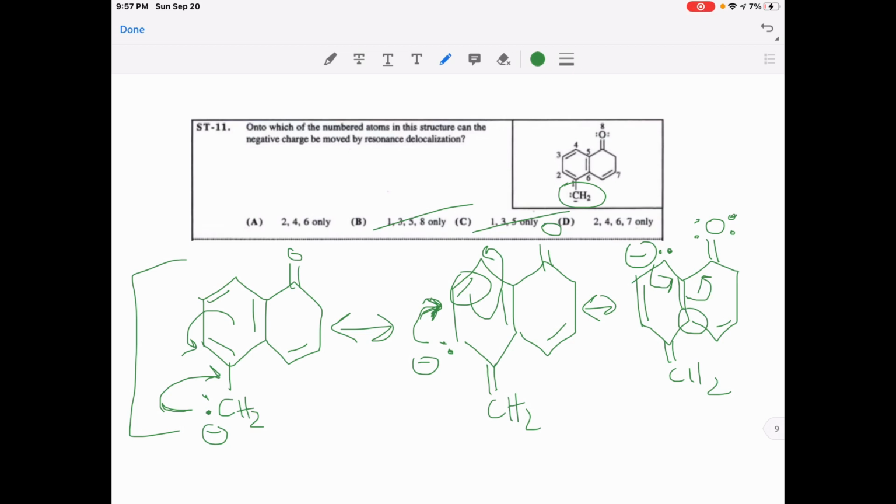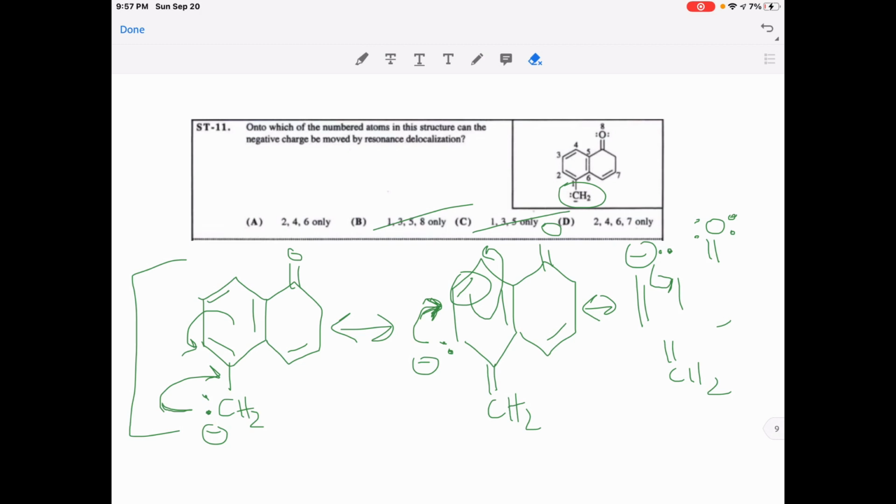That will cause an unwanted charge separation, and that's not what we want. So we can't go in that direction.